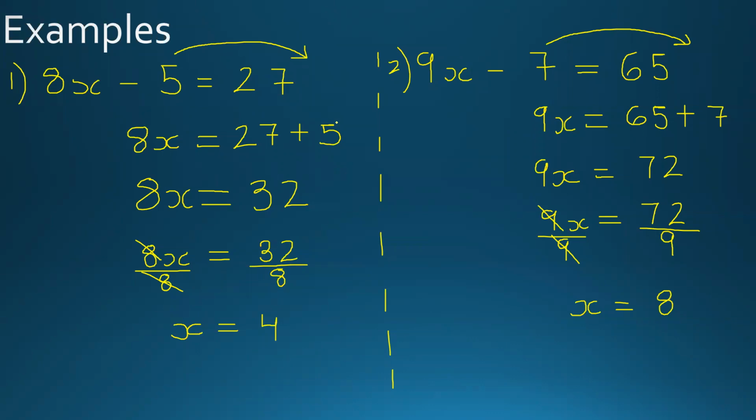And we put our prime number down, which is the 9x, equals 65 plus the 7. And that's how we get the 72. So the 9x, we divide that by 9, which gives us 1x, which would be 72 divided by 9, which gives us 8. So x is equal to 8. Okay, excellent. Good stuff.